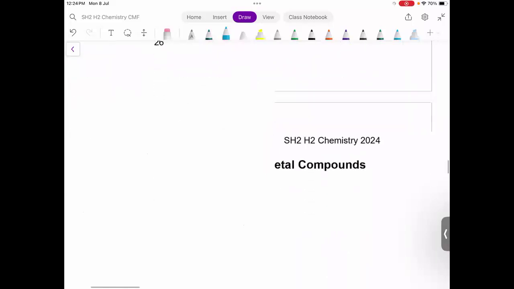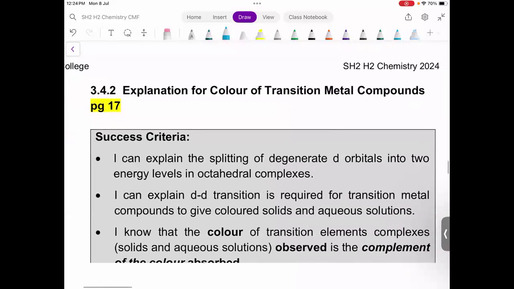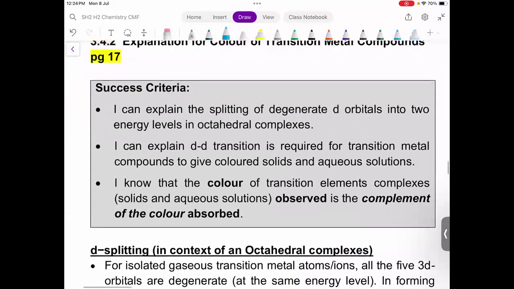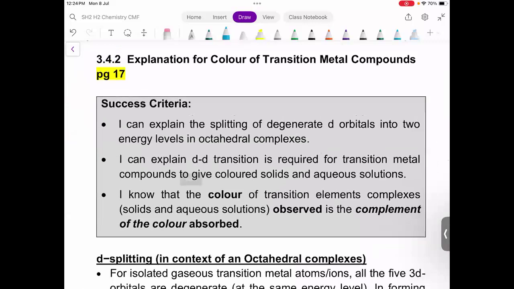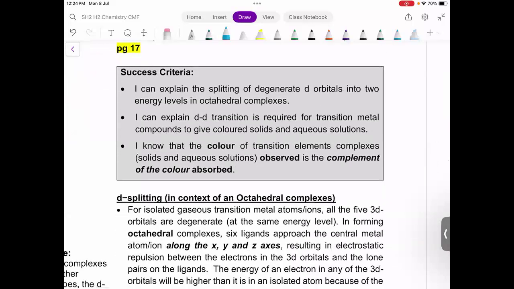I'll give you 5 minutes to read page 17, then I'll go through the main points.